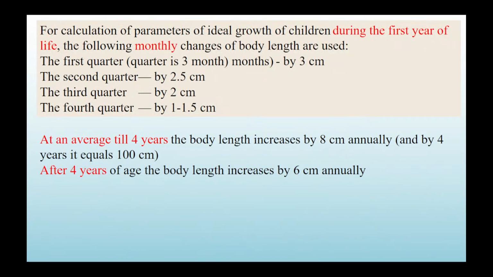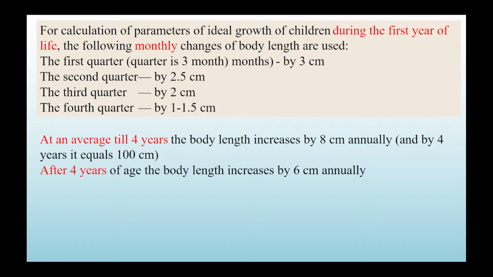For calculation of parameters of ideal growth of a child during the first year of life, monthly age increments are used. In the first quarter, or first 3 months, growth is 3 centimeters every month.